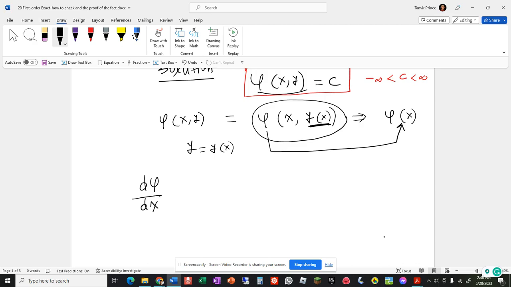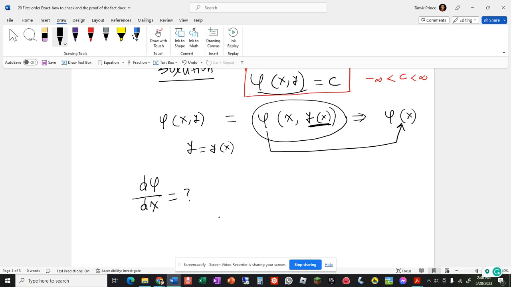In place of y is actually some function of x, which is the solution of this differential equation. So we're thinking of phi as a function of x alone. So in that sense, we can talk about the derivative of phi with respect to x, right? What is that?